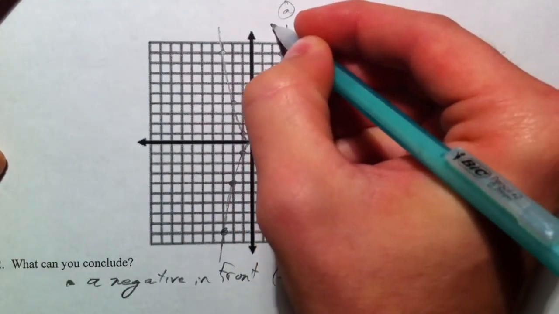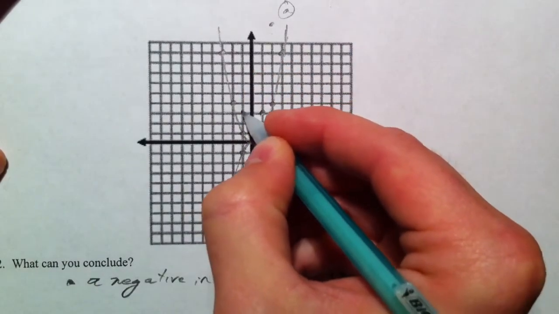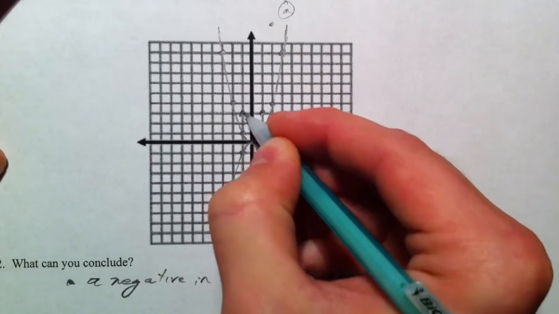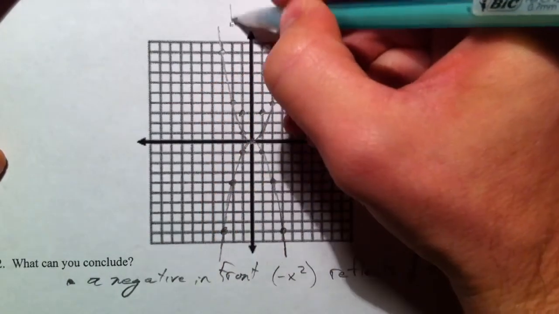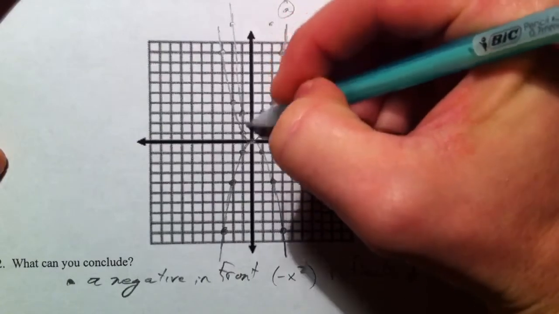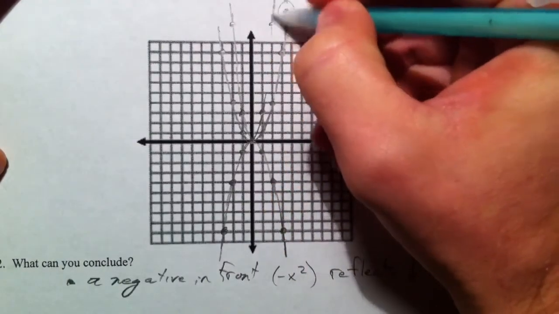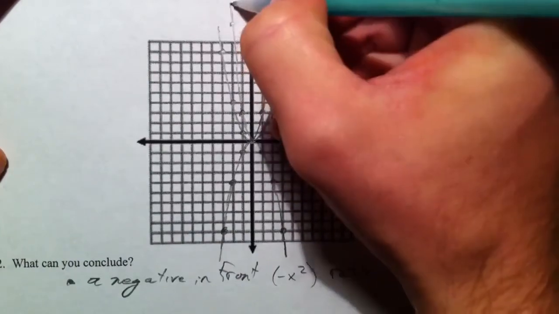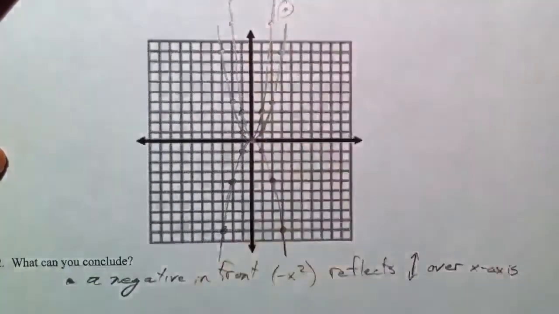And it's reflected the same way on the other side. Negative 1 squared is 1, but times 3. Negative 2 squared is 4 times 3. And so it stretches it out vertically. And so that's C.